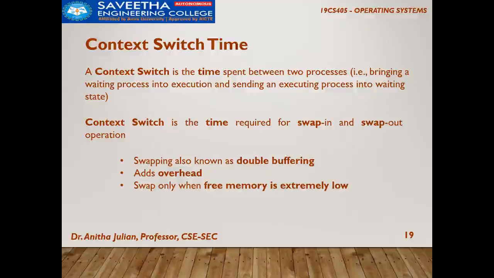Here, in the context of swapping, context switch is the time required for the swap-in and swap-out operations. Swapping is also known as double buffering, but it adds overhead. So we will only swap when free memory is extremely low. When our memory is not sufficient, we will go for this swapping operation.